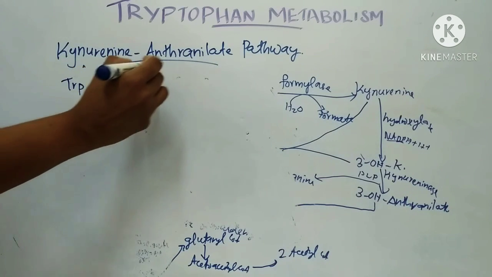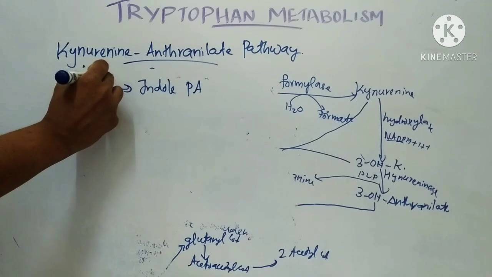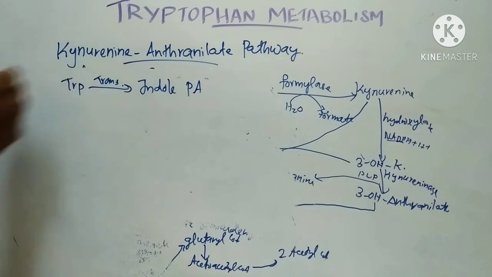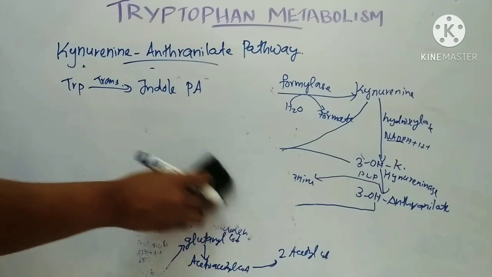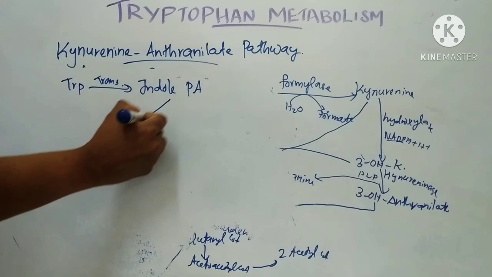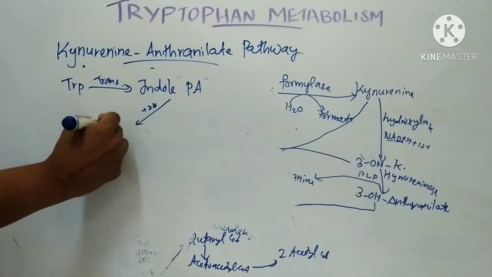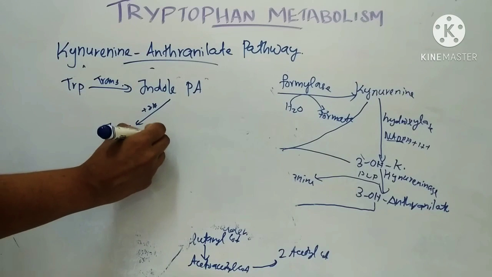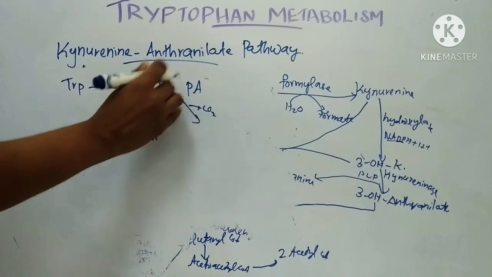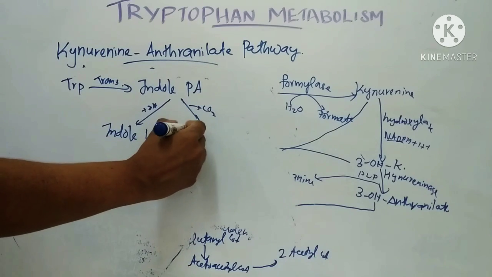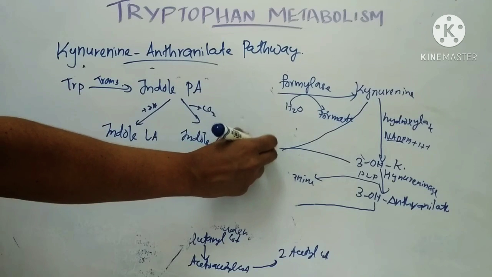By reduction, indole pyruvic acid is converted to indole lactic acid. Then by decarboxylation, indole pyruvic acid forms indole acetic acid.